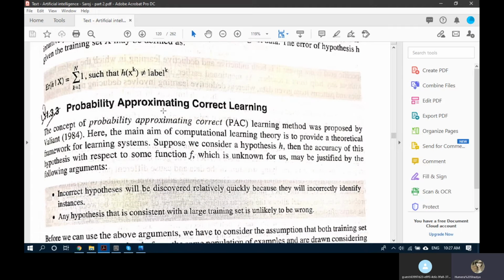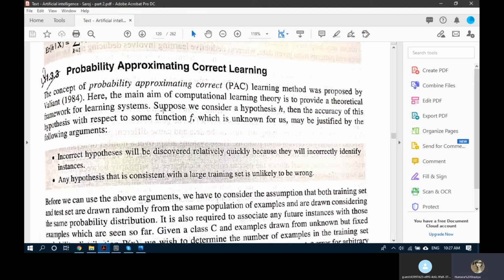Probably approximately correct learning. This concept was proposed by Valiant in 1984.